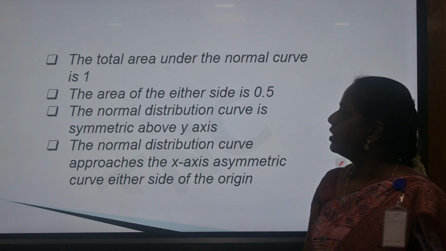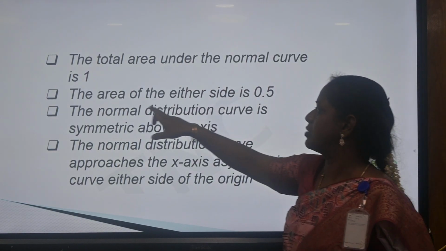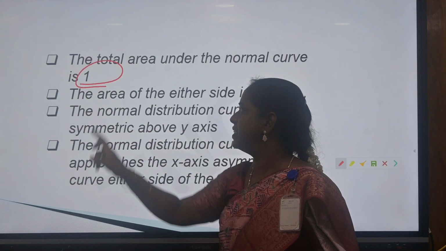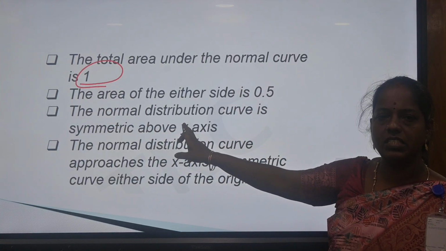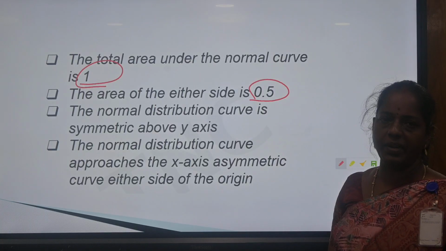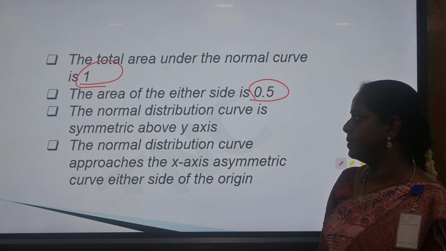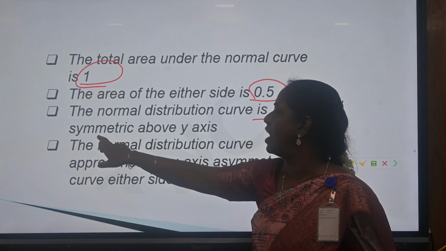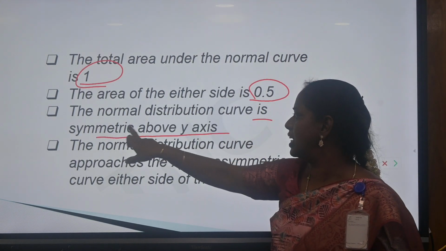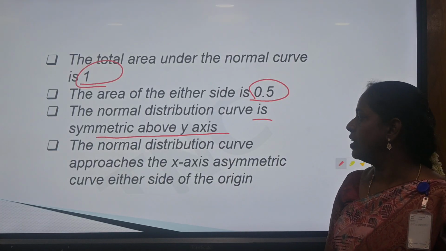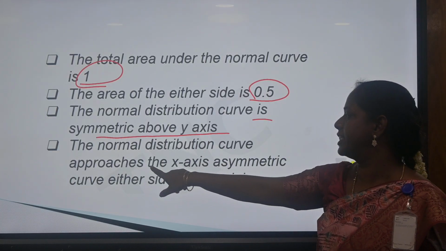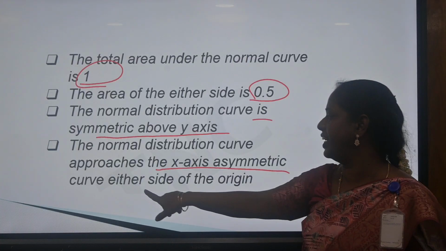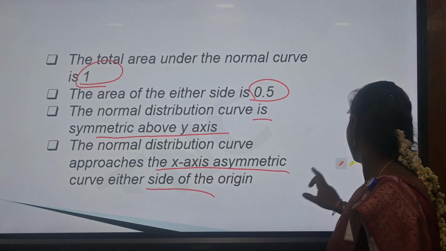The total area of the normal curve is 1, so each side has an area of 0.5. The area of either side is 0.5 because the median cuts the distribution symmetrically. That is, the normal distribution curve is symmetrical about the y-axis, and the curve approaches the x-axis asymptotically on either side of the origin.